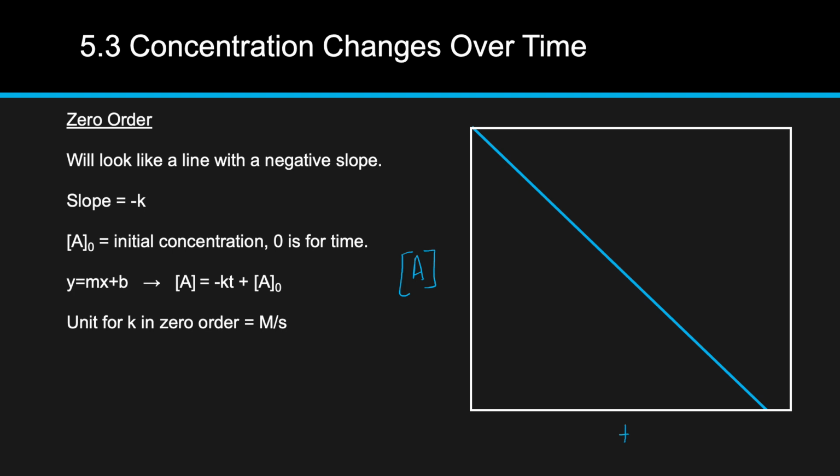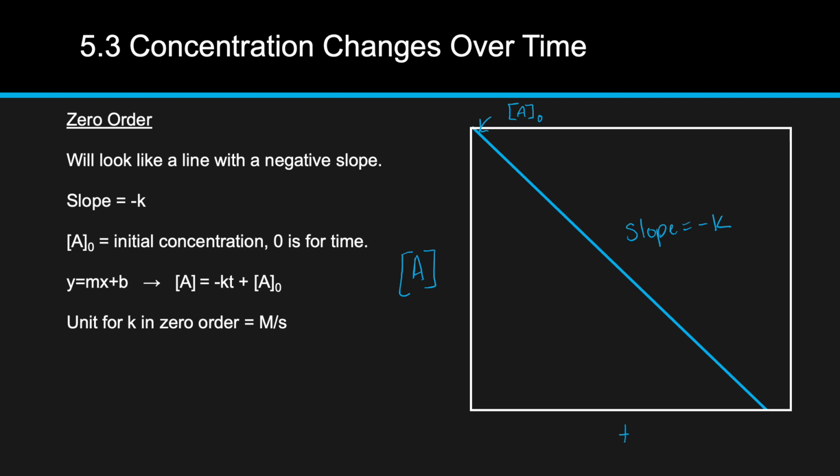Now remember that this slope is equal to negative k, and it's very important that you know that our initial concentration is going to look like the concentration of A with a subscript of 0, and that just means that there's no time. So it's the very first concentration reading.